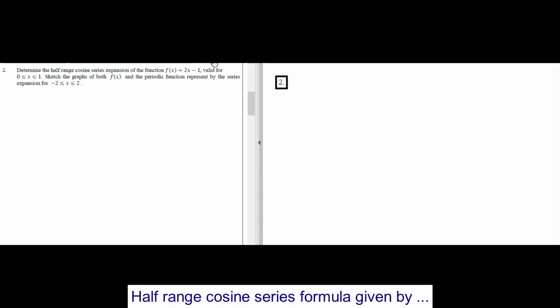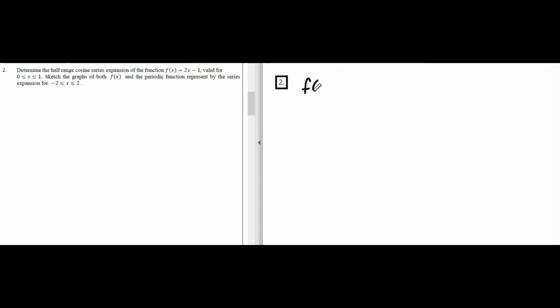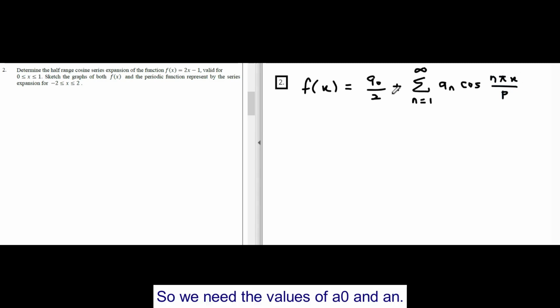Half-range cosine series formula given by... So we need the values of A0 and An.